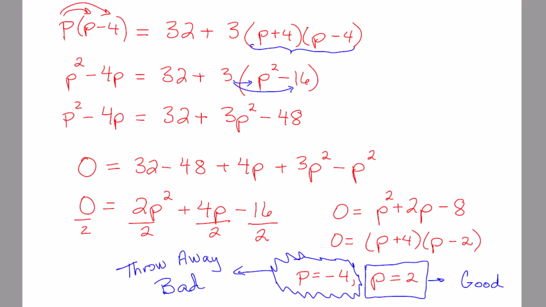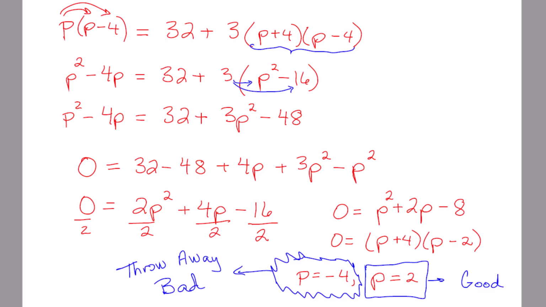So what do I have? Let's say I got a 32 minus 48. This minus 4p is a plus 4p. And I've got a 3p squared minus p squared. All right, what can that be? Well, 3 minus 1 is 2.